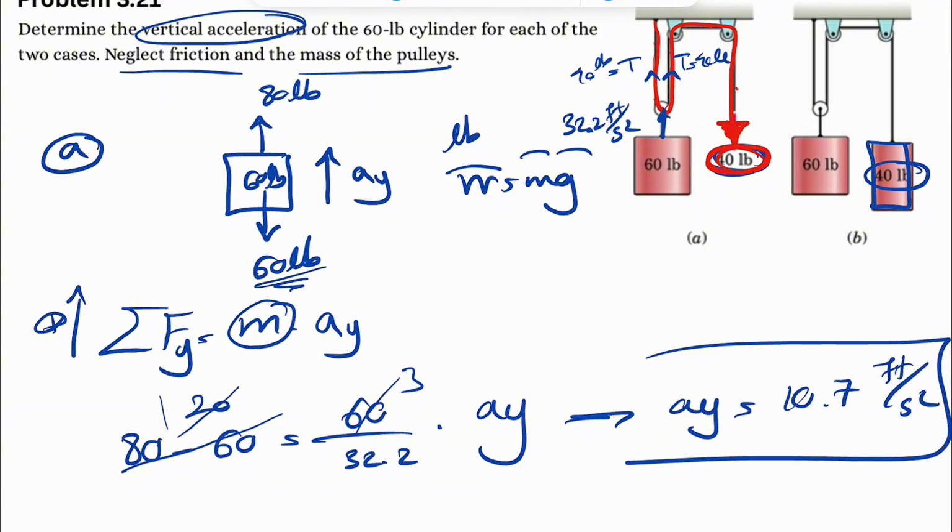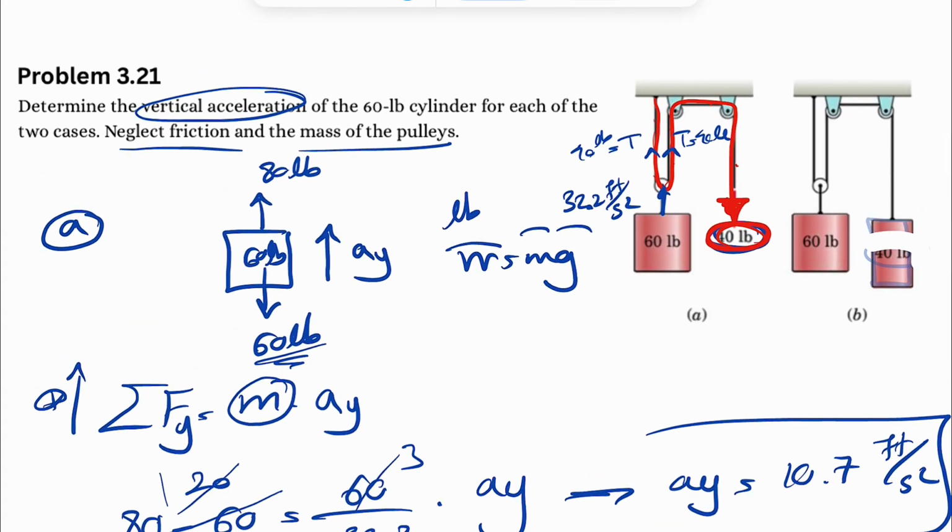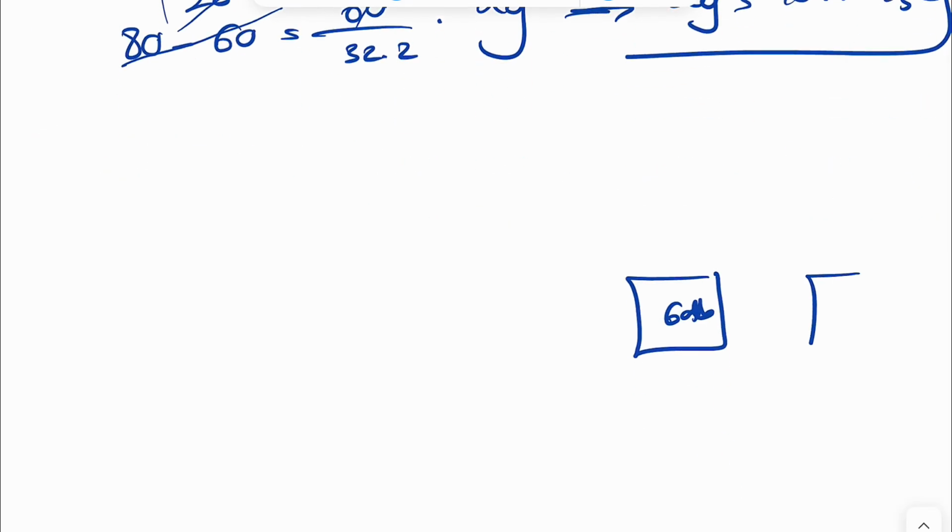For the B part, it's going to be different because we have two different things that are moving. We have these two blocks that are moving, so we cannot assume that the tension in the cable is 40 because we have to figure out the acceleration first. So we're going to be dealing with the acceleration and the tension because we have two unknowns in here and we need two equations. So we can draw the free body diagram for each of the blocks. This one's the 60 pound and the other one is 40 pound.